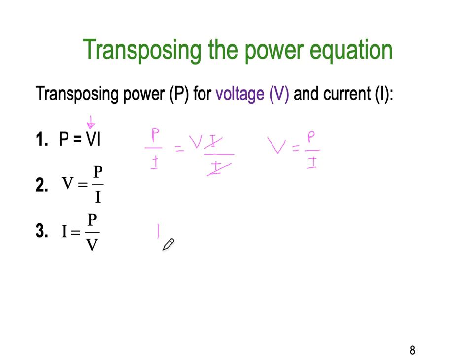So again, if I take my power equals V multiplied by I, and I want to make I the subject of the formula, I simply divide both sides by V. So V divided by V, V on V equals 1, so we can eliminate that, and we end up with power on volts equals the current, which is this formula here. So again, quite simple, just a 3-element equation, relatively easy to transpose.